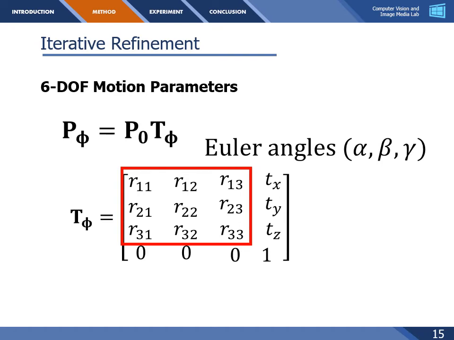The translation is parameterized with 3 variables tx, ty, and tz. The problem then is to minimize the cost function and find the argument phi that minimizes the cost function.